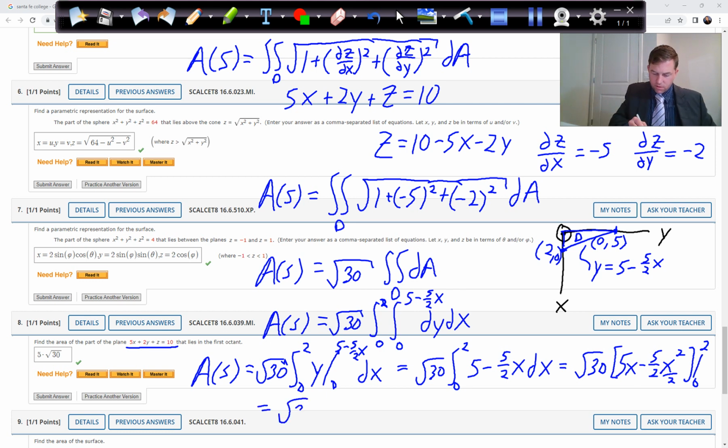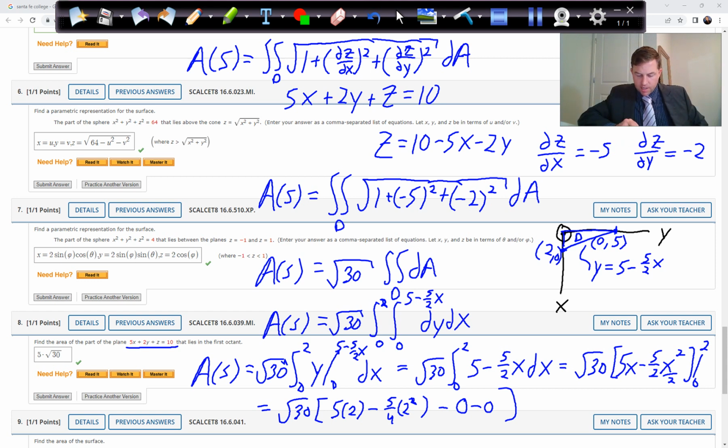This would be square root of 30 times 5 times 2 minus 5/4 times 2 squared, minus 0 minus 0.